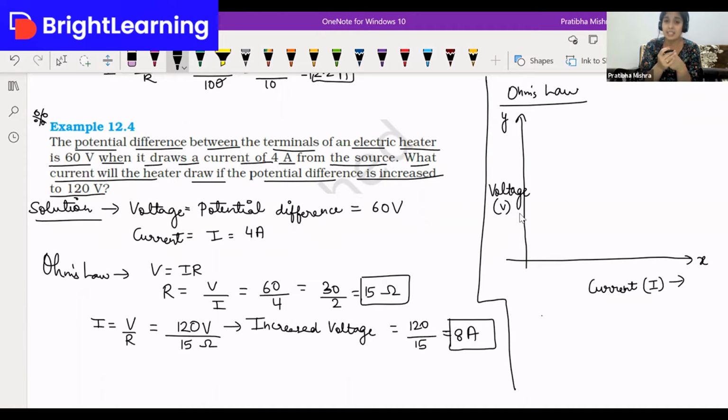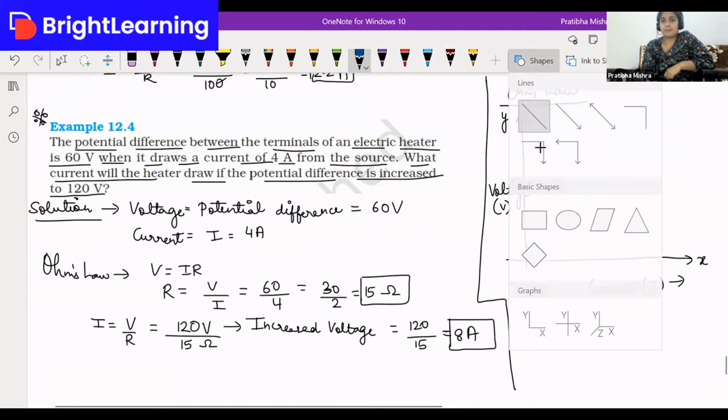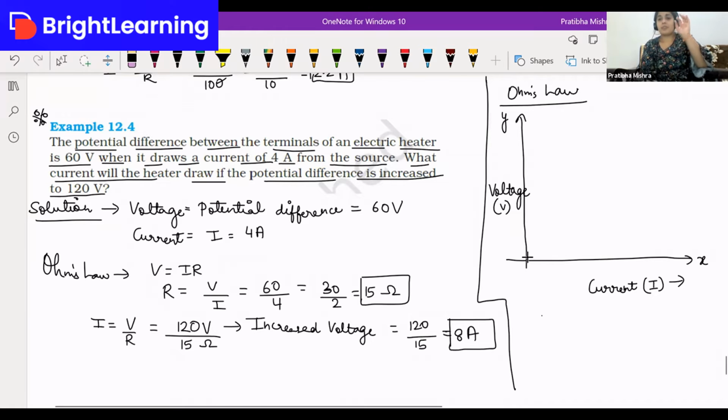The flow of current will be directly proportional to the voltage difference between the two ends of the wire. You'll get a uniform graph, always represented through a straight line. That means equal current flows through equal voltage.